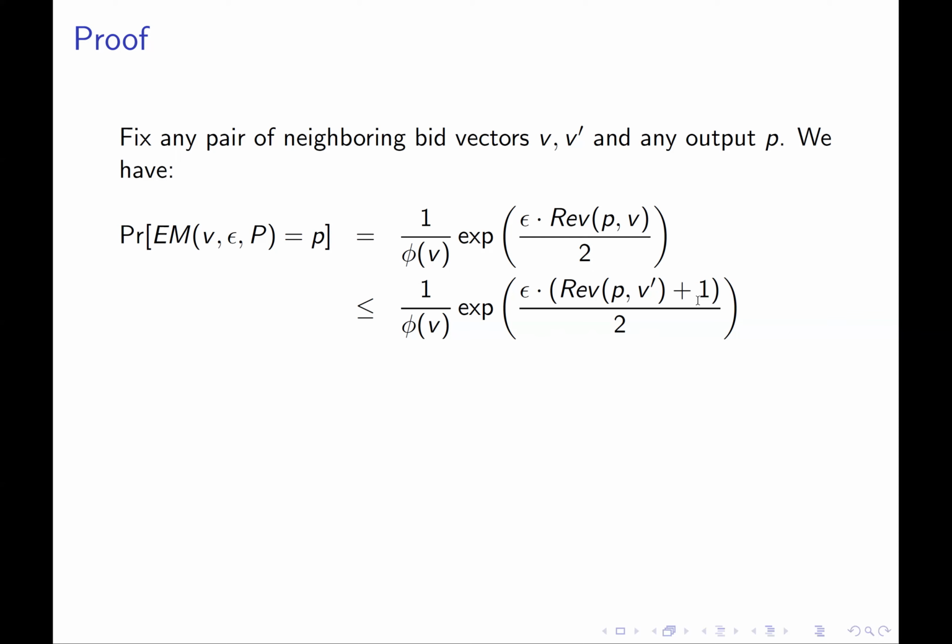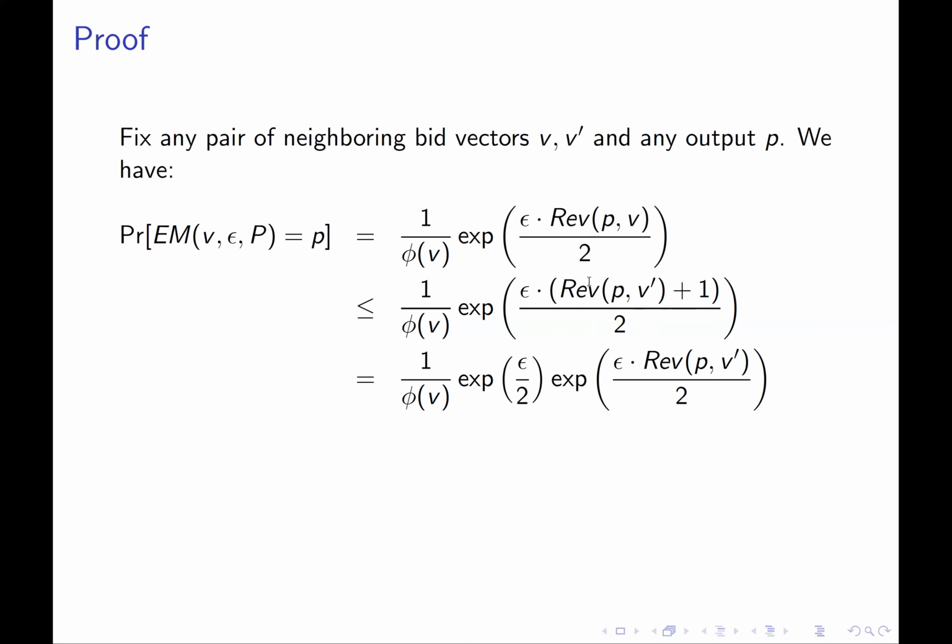Okay, and so because we can upper bound the revenue that we obtain at V if we use price p by the revenue that we would obtain at V prime if we used price p plus one, we can similarly upper bound the probability that the exponential mechanism outputs price p.